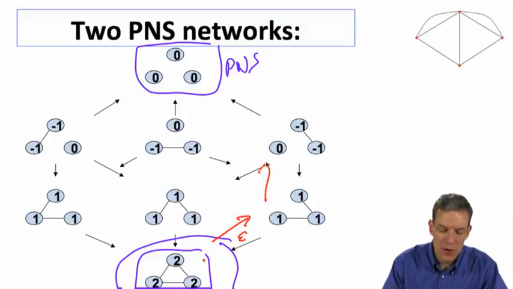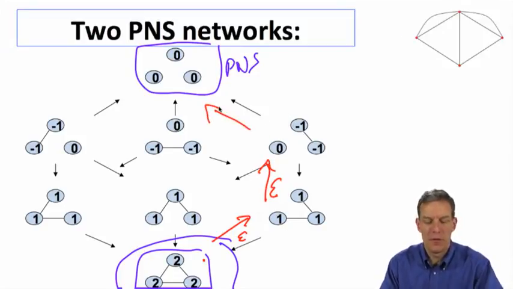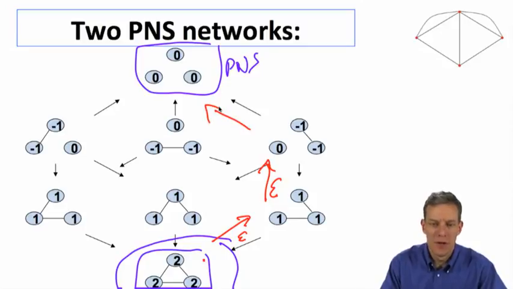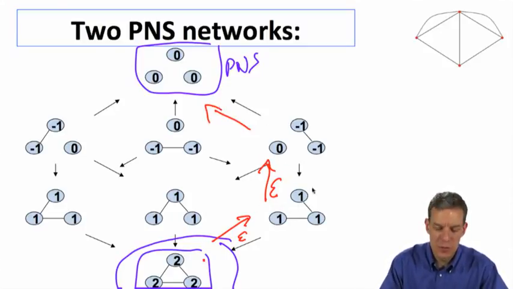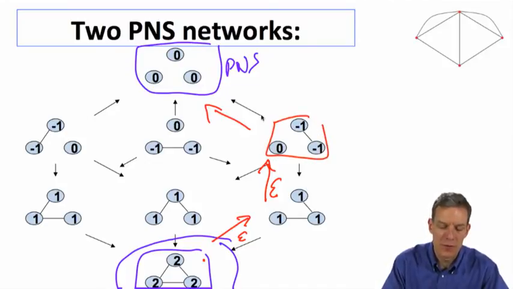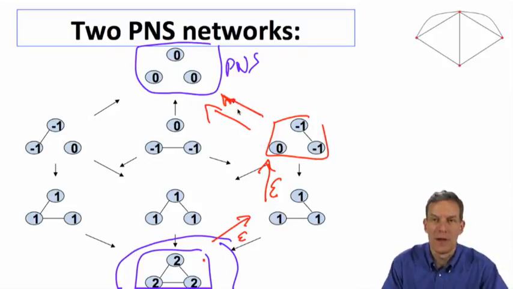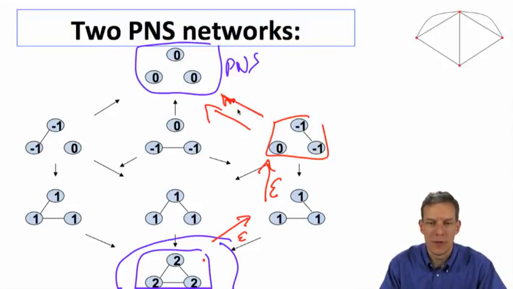You would need 2 errors in order to get to a point where you might get to the other network, to the empty network. So you'd have to make 2 errors in a row before you could get to a point where you're going to find a network which then naturally has a tendency to lead back to the empty network or the other pairwise Nash stable network.